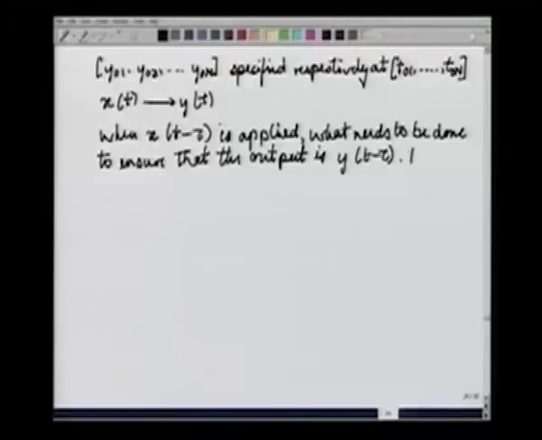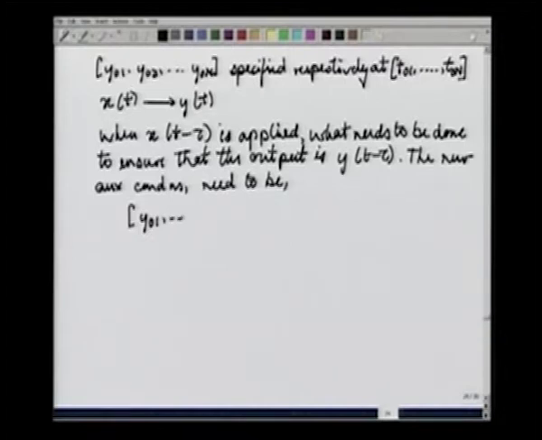In short, the new auxiliary conditions need to be y01 to y0n, be they y itself or the derivatives of y or whatever, picked at time instants t01 to t0n at most.